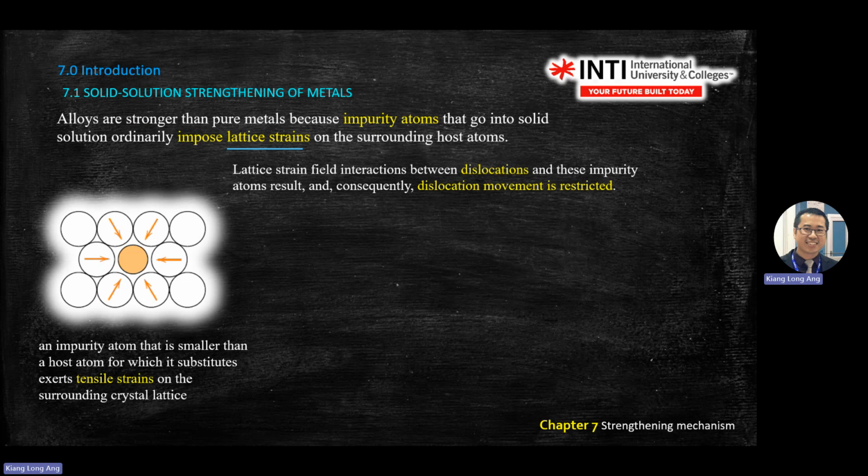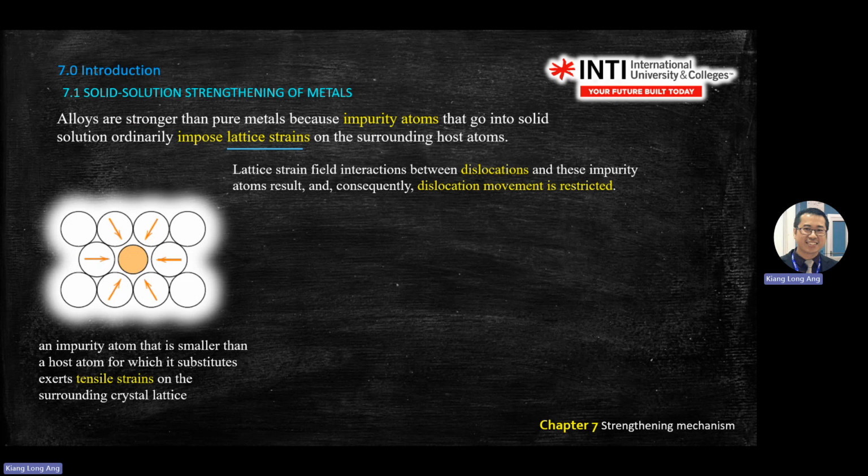It is how you explain how you restrict the movement. It's because there's a space there or there is a lack of space. If it's a loss of space, then it becomes tensile strain, deformation. You pull the material around. But if the orange color sphere is bigger than the surrounding, then it is pushing the boundaries.